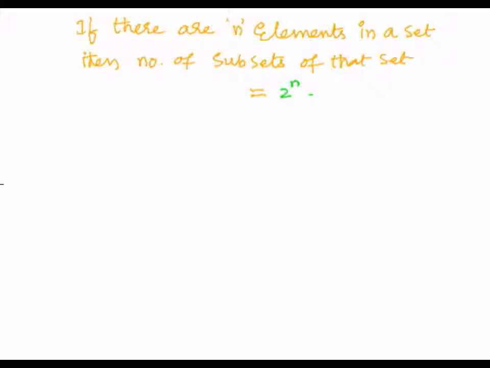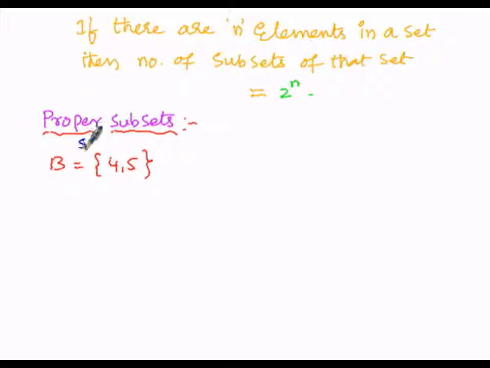Then now let us consider proper subsets. So here set B consists of only 2 elements, that is 4, 5.